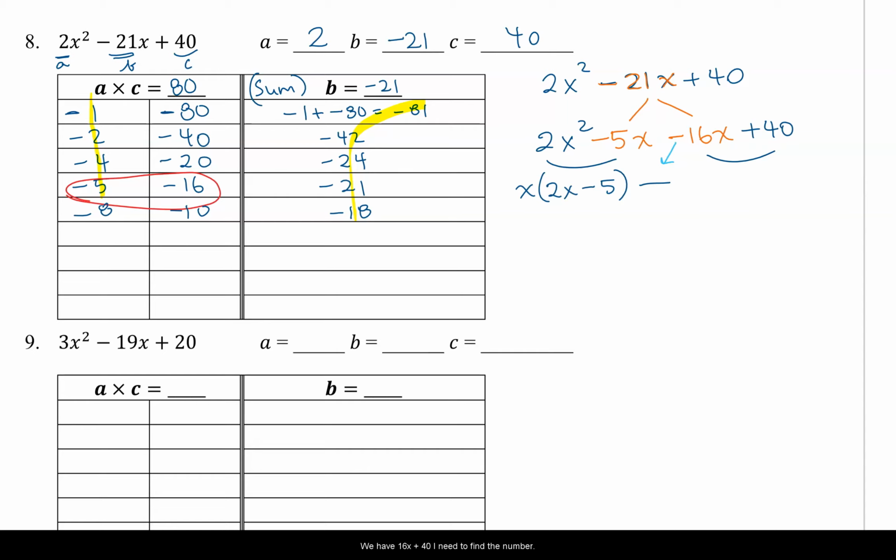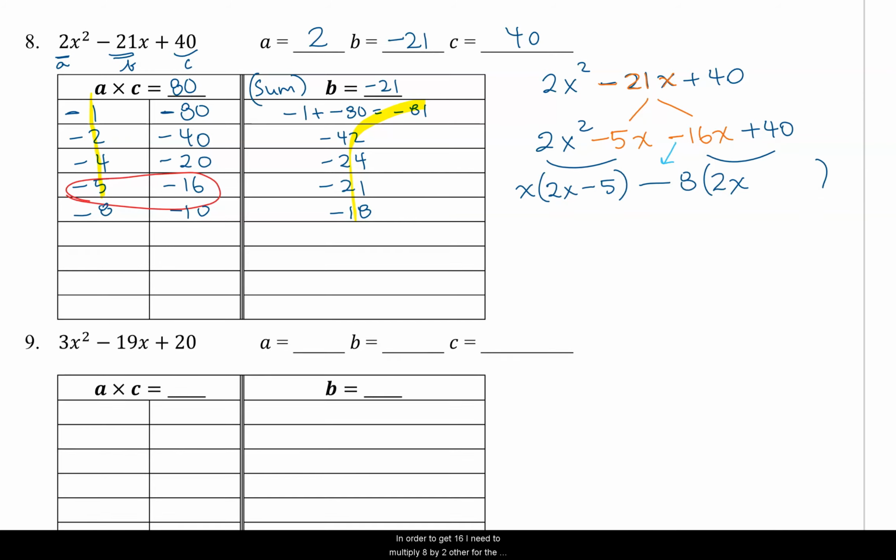Then we have 16x plus 40. I need to find the greatest common factor for negative 16x and positive 40. 16 and 40 both have 8 in common. So I'm pulling out an 8 from the negative 16x. I'm definitely going to have an x. But in order to get 16, I need to multiply 8 by 2.